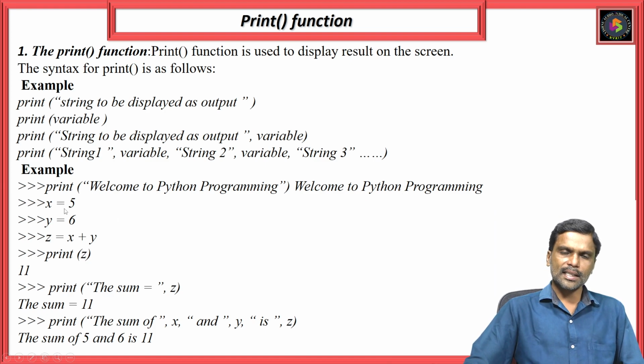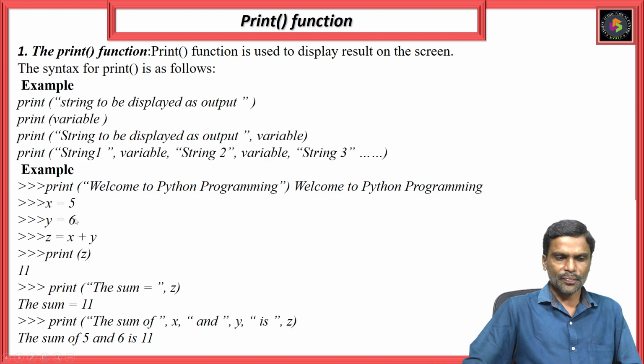Then if I take x is equal to 5, y is equal to 6, z is equal to x plus y, print z. What is happening here? I am taking the expression z is equal to x plus y, and we know that x is 5 and y is 6. 5 plus 6, 11 should be stored in z. Then print z, and the z value will be 11.